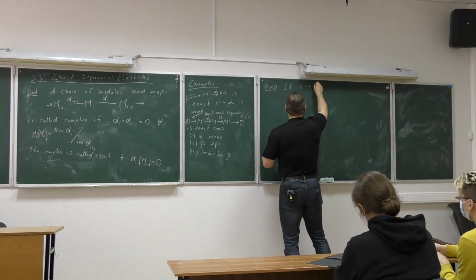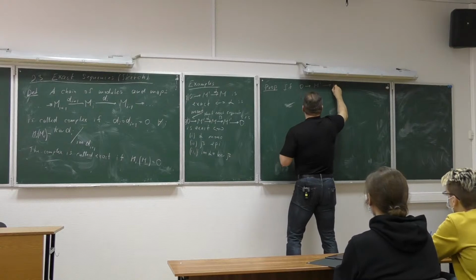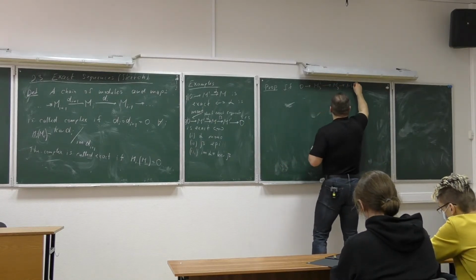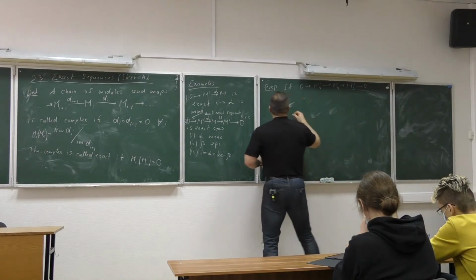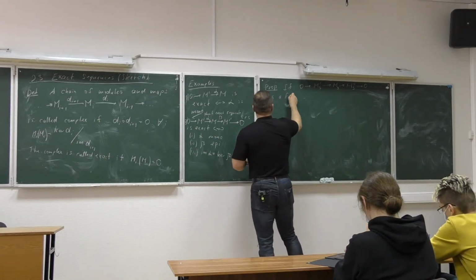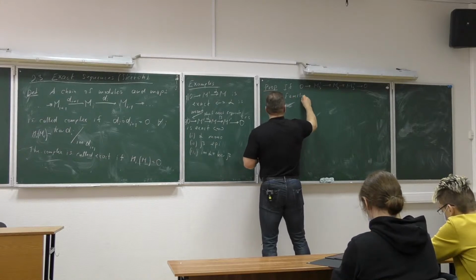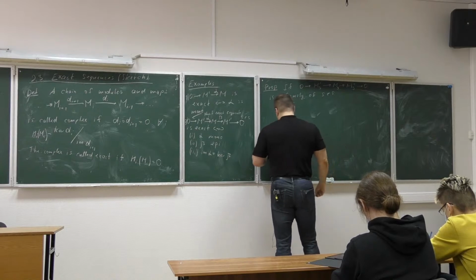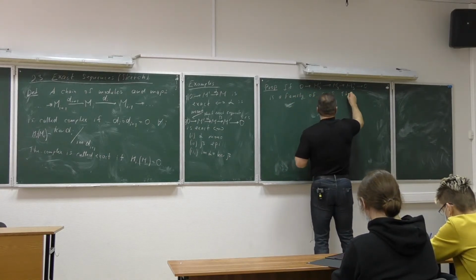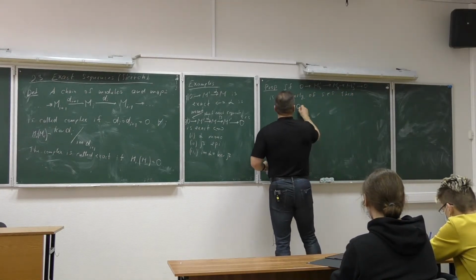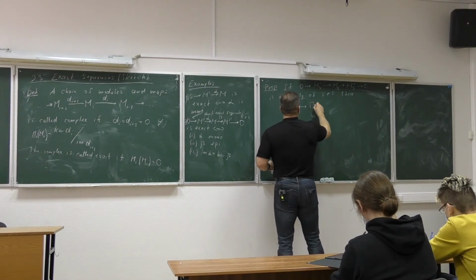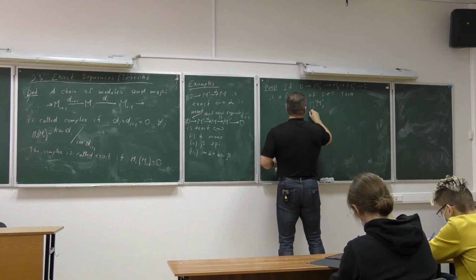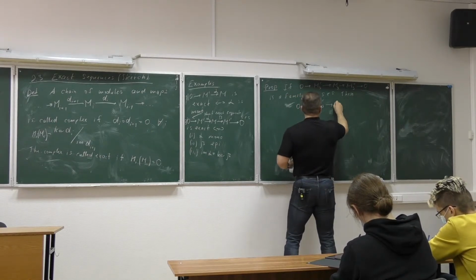So if I have a family of short exact sequences, then the product and sum of these sequences is also a short exact sequence.